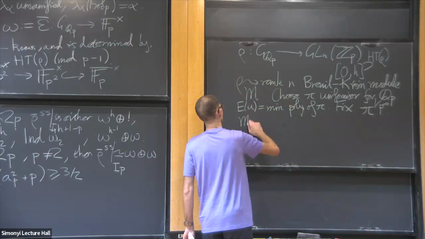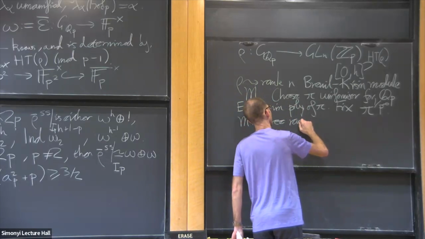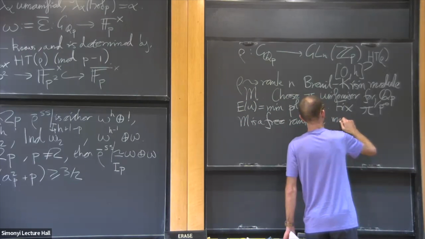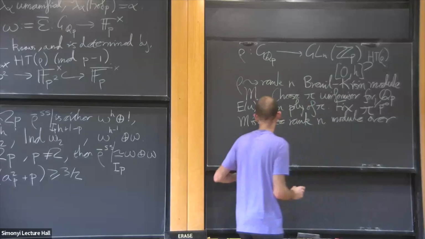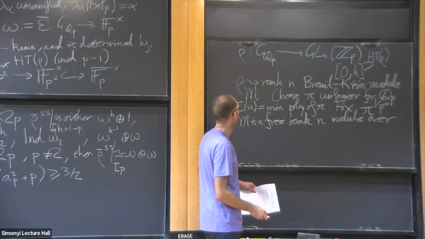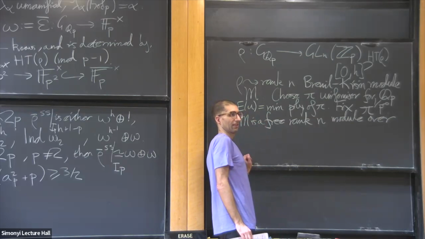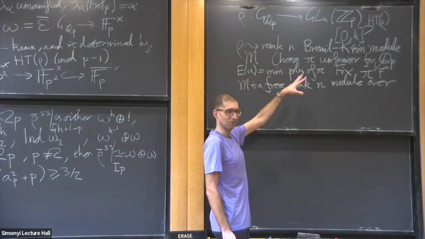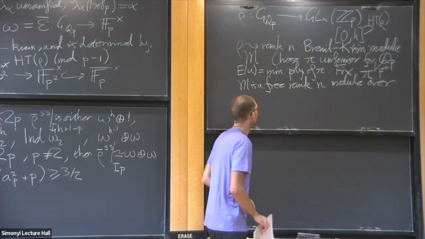So M is a free rank n module. All right, E(u) is just x minus pi, no? Yeah, exactly. I'm just writing it this way in case later on I want to do something in a more general context, which I may do.